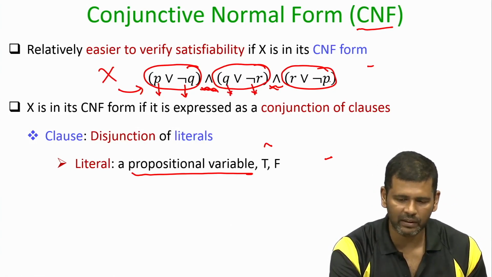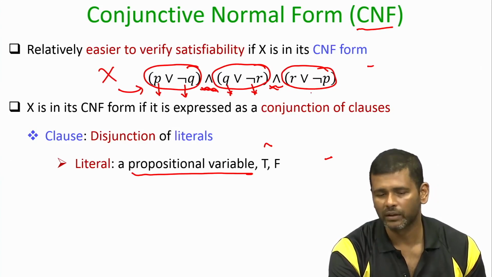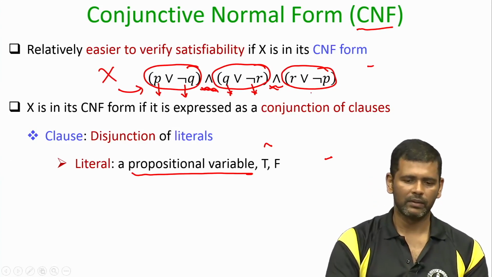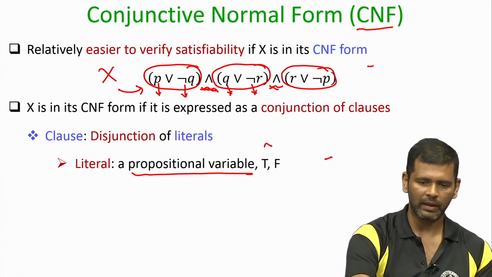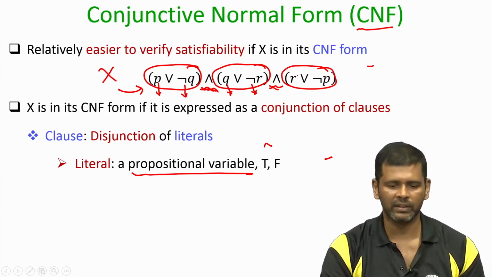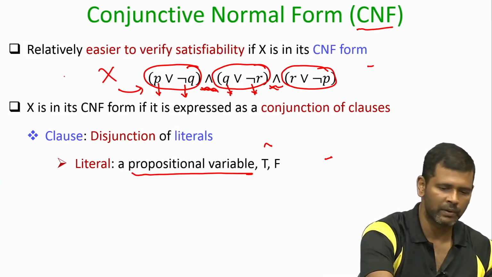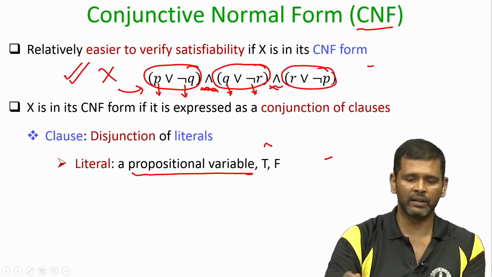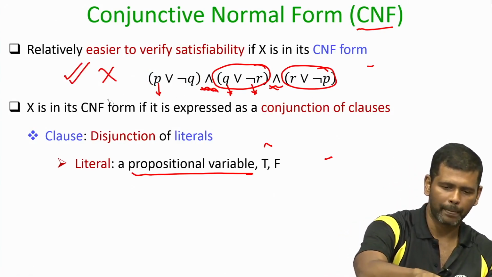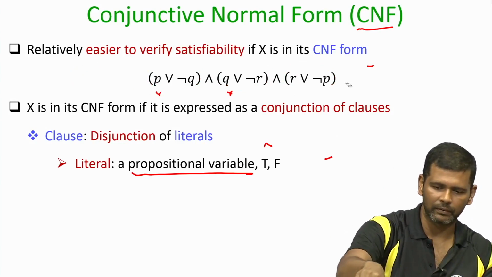In the same way, the third sub expression, the disjunction of R and negation P, is also a clause. So, I have three clauses here and we have the conjunction of these three clauses, and hence this expression x is in its conjunctive normal form. It satisfies my definition.